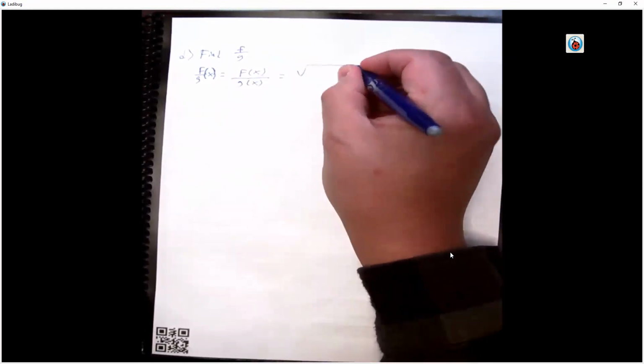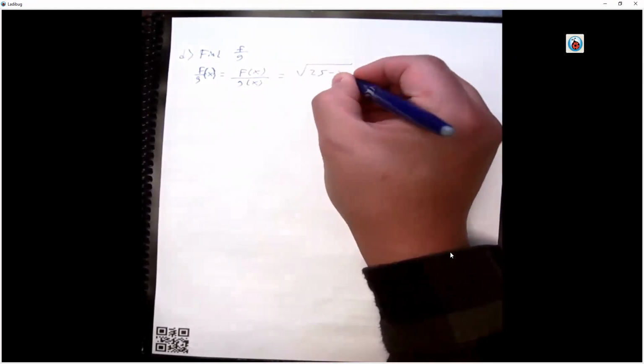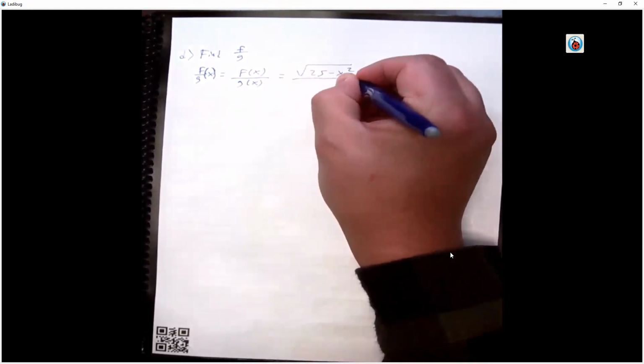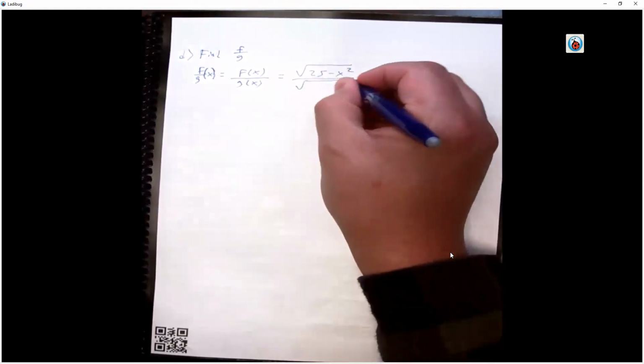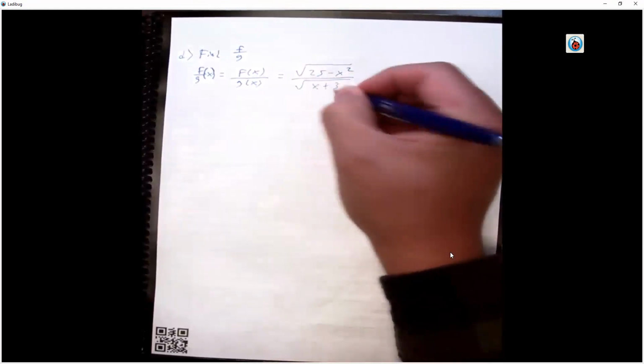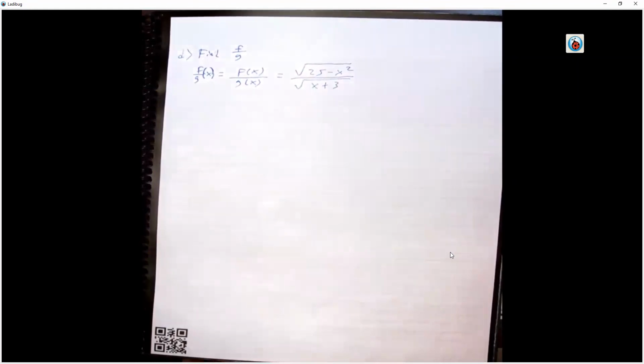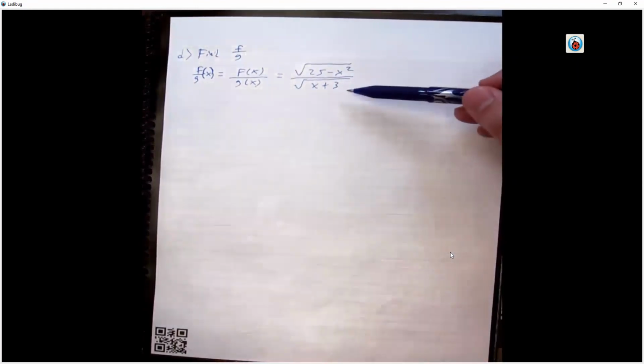The first one was 25 minus x squared, right? I think that was it. So the domain will be very similar. You just have to exclude whatever makes the bottom 0. So what makes the denominator 0 here?